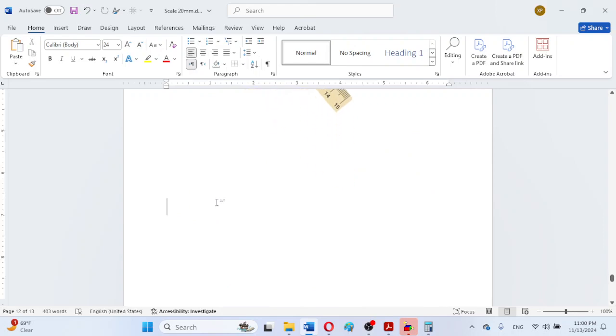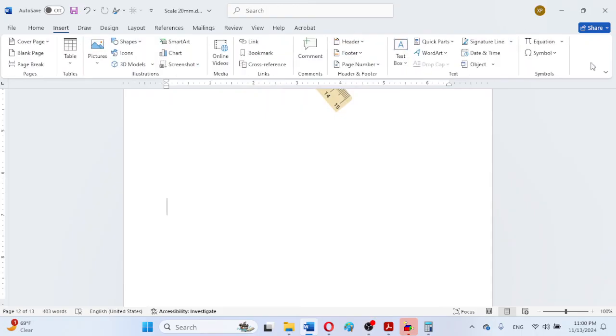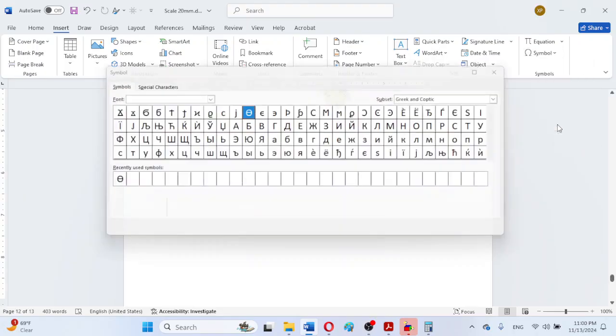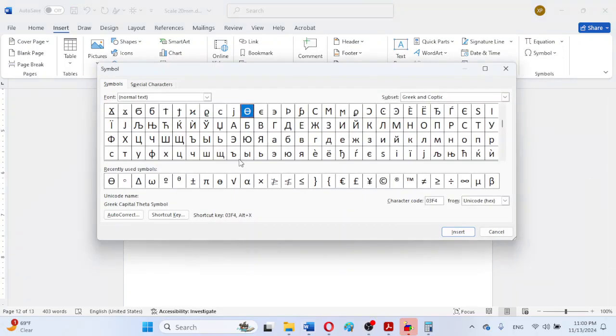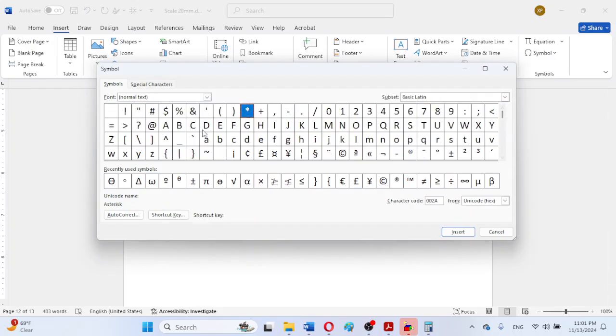in a similar manner I can insert here, if the delta symbol is available somewhere. I will search it out here. If it is available easily, then I can add it.